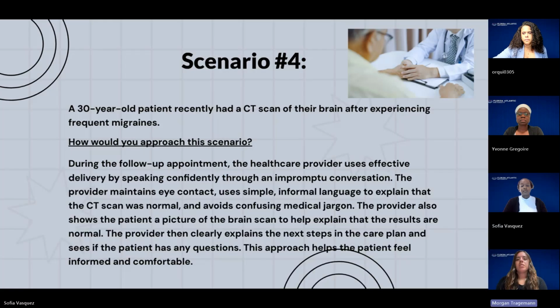I would use simple language while informing the patient of their results versus using any medical jargon. I would encourage the patient to ask questions, make sure they understand the information, and explain the next steps in their care. This would help the patient feel informed and comfortable.